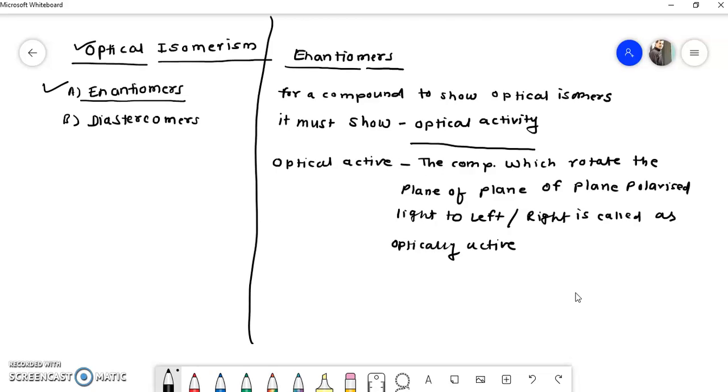So this is very important. If the compound is optically active, then and only then can it show optical isomerism.